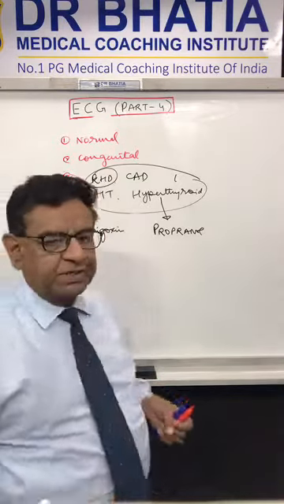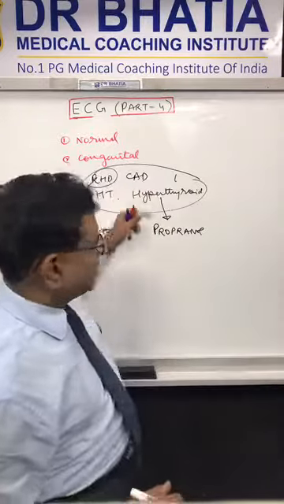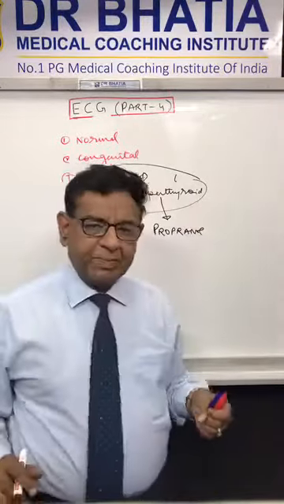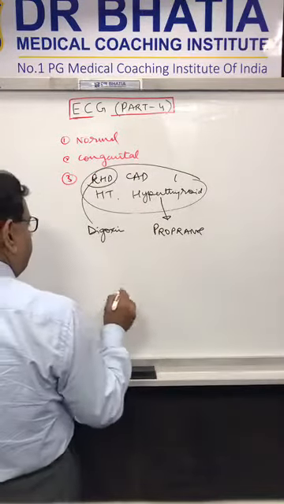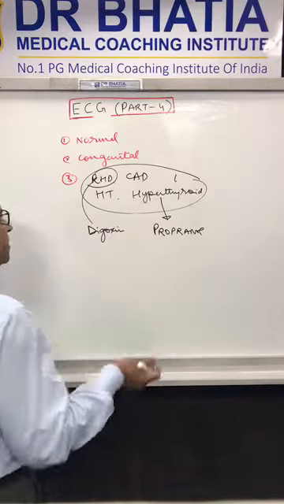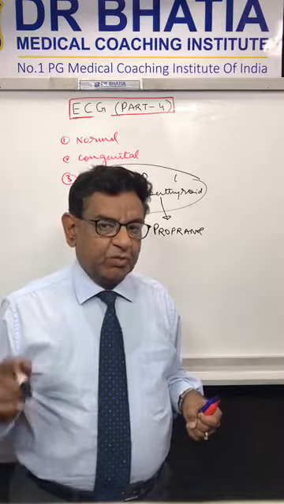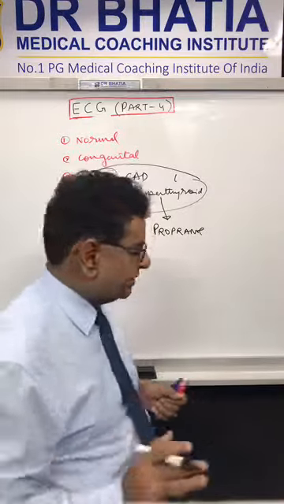Because digoxin increases the refractory period of the AV node. Of course, digoxin we can use in CAD and hypertension also, but in these we can even use a beta blocker also.